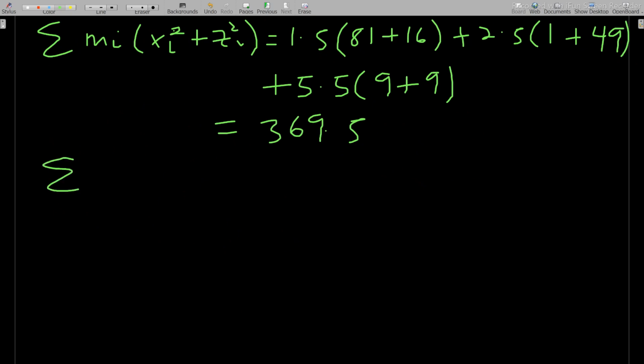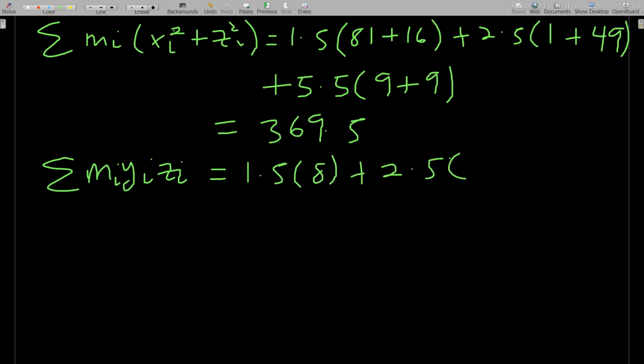Okay, then I move to summation yi, oh sorry, there's an m here, m yi zi, and this should be equal to 1.5 into 8, okay, plus 2.5, I hope you can see this, into 21 plus 5.5 into 24, okay.